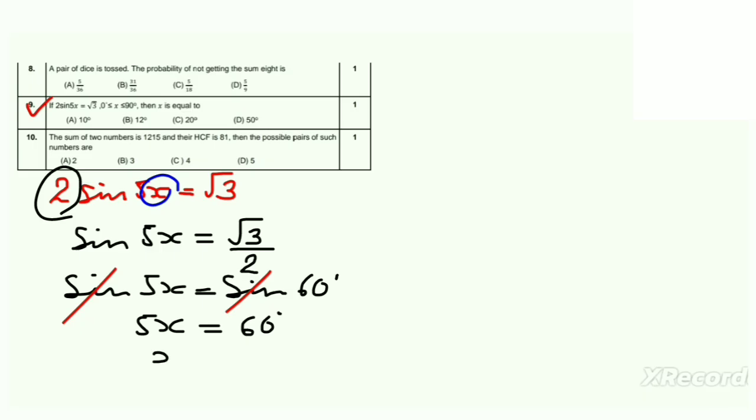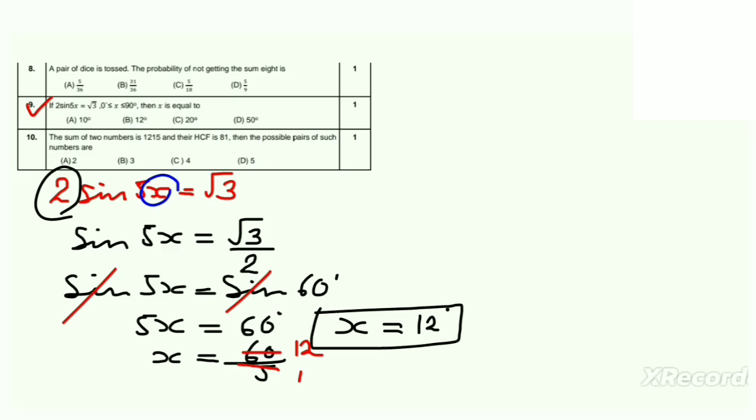Now x equal to 60 by 5. Now 5 1s are 5, 5 12s are 60. In this way, here we have obtained the value of x is 12 degree. So the right option is option number B, 12 degree.